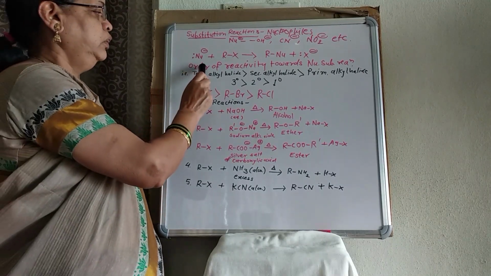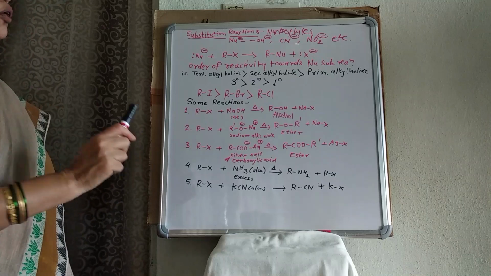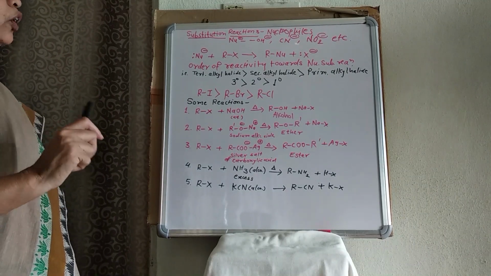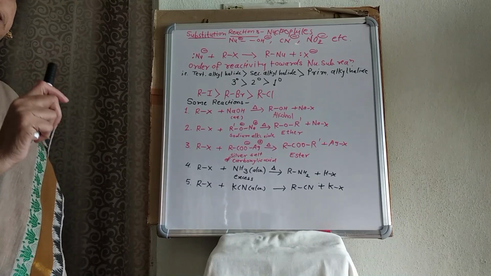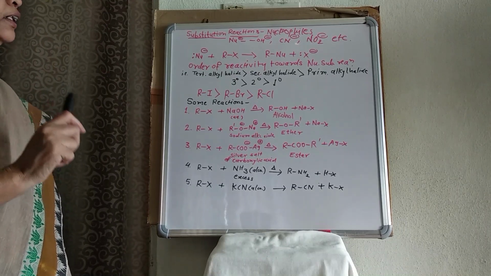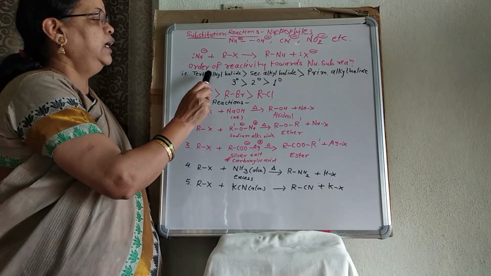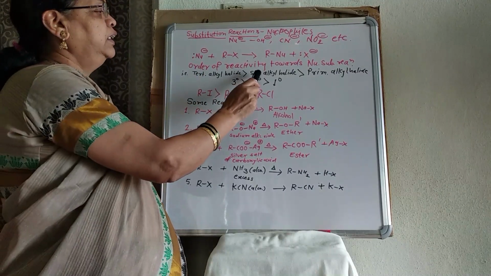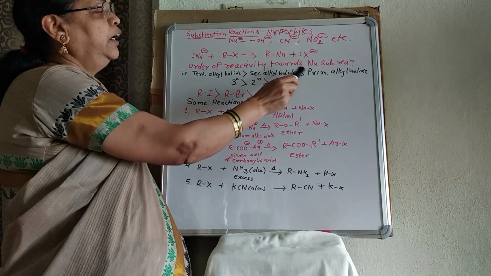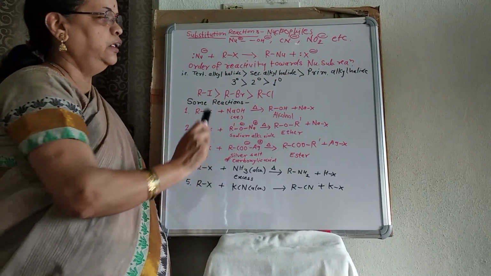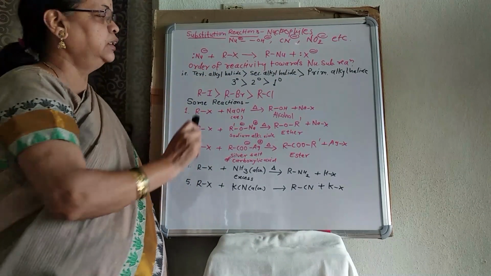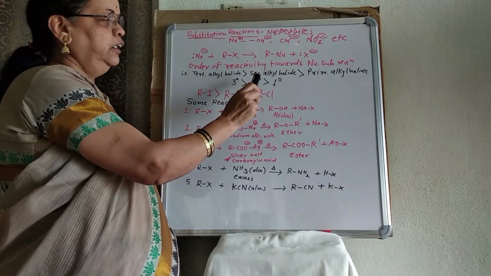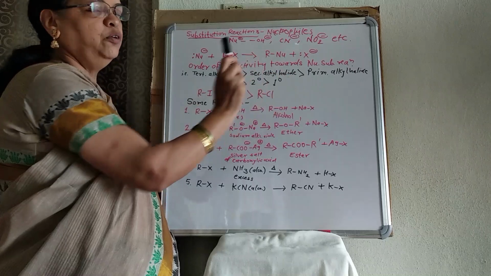Now, if you consider the order of reactivity towards nucleophilic substitution of primary, secondary and tertiary alkyl halides, it is observed that tertiary alkyl halides are more reactive than secondary or primary alkyl halides. So if you are asked the order of reactivity, you must write it like this: tertiary alkyl halide, then secondary, then primary.